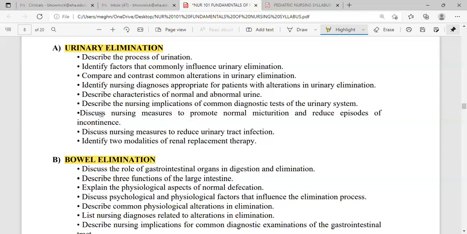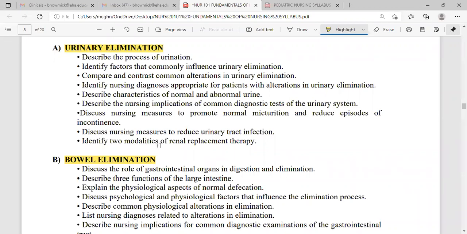Also, we will discuss the nursing measures to promote normal urination and reduce episodes of incontinence, and to reduce urinary tract infection, UTI, how to reduce it.